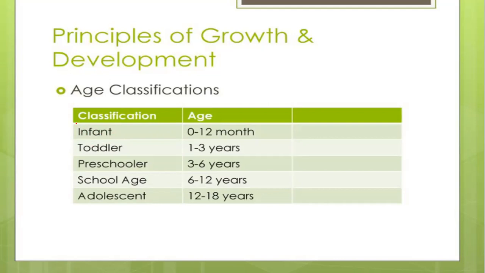Anybody else? A newborn is actually from his or her first day of life to the 28th day of life. So it would be actually reaching the first month of life.